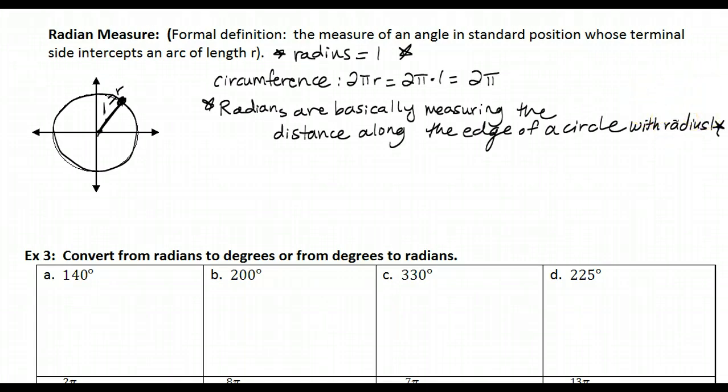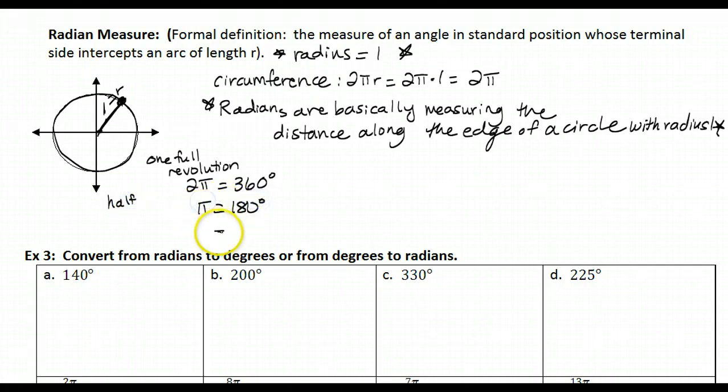What you just need to know is, 1 full revolution in radians is 2 pi. In degrees, it was 360 degrees. So that means that 1 full circle is 2 pi radians. So that means a half circle, which is 180 degrees, would be pi. A quarter circle, which is 90 degrees, would be half of a pi.